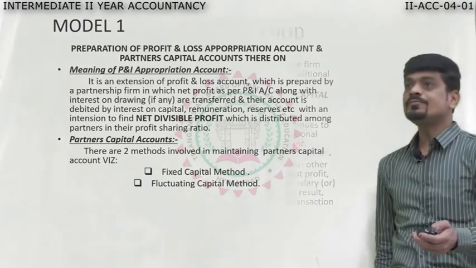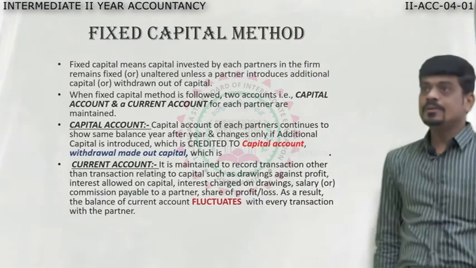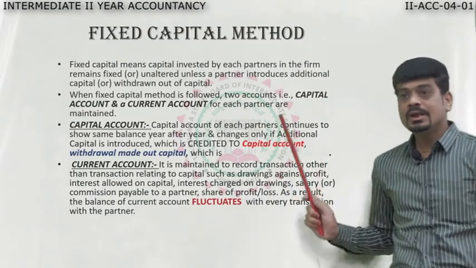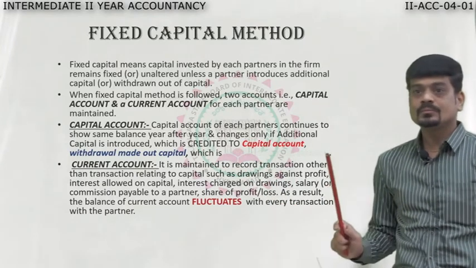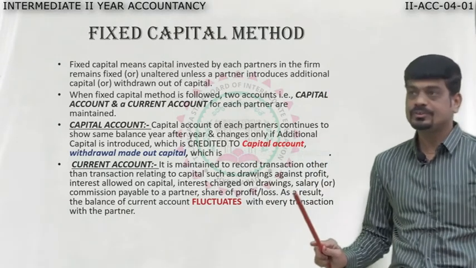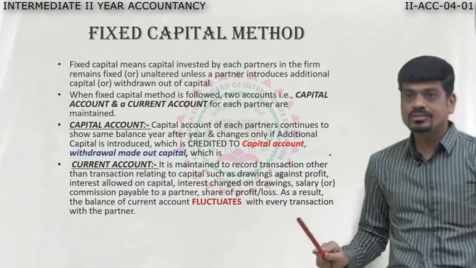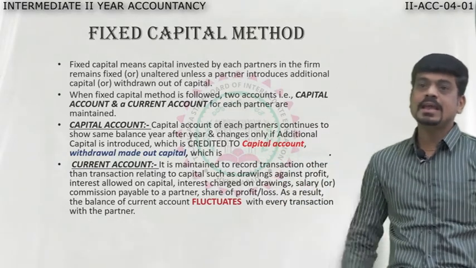Now, what do we do in fixed capital method? Fixed capital method is a method of maintaining capital where each partner's capital will remain fixed. It is not going to change unless we introduce additional capital.